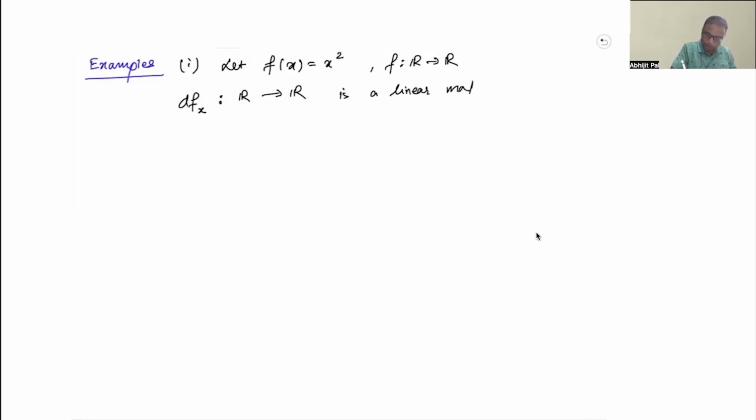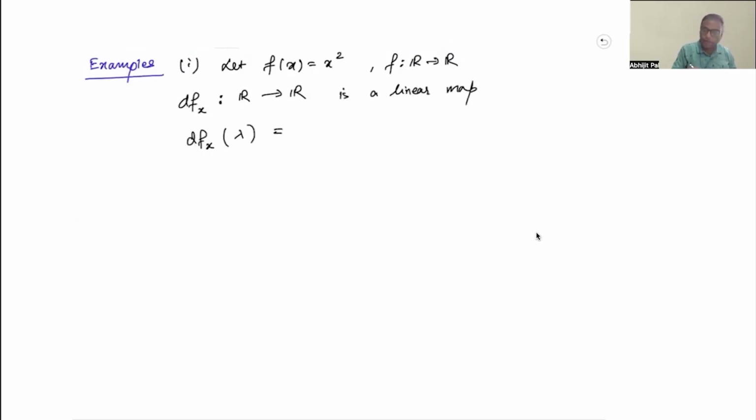So what is this linear map? df_x operates on a real number lambda, which is treated as a vector.